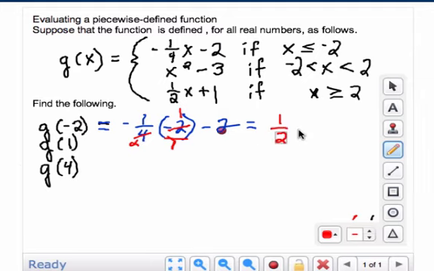Then we subtract 2 from that. A lot of us can do 1/2 minus 2 fine, but you can always get a common denominator. Think of this as 2/1, so if I want the denominator to be 2, I multiply by 2/2. 1/2 minus 4/2 is -3/2.